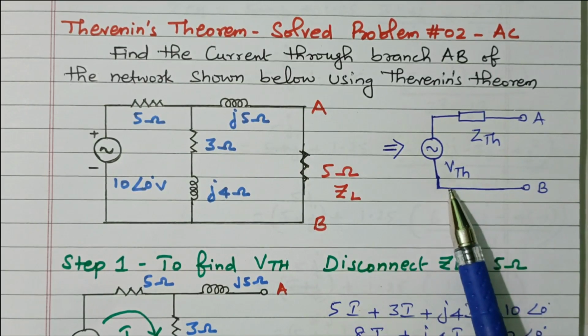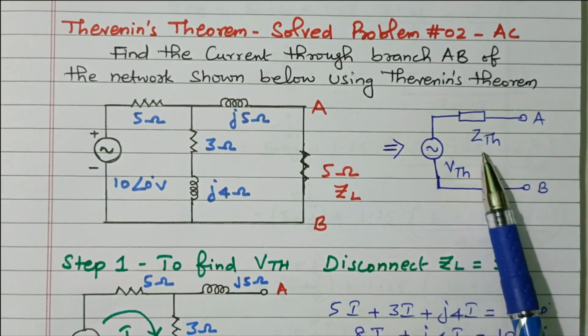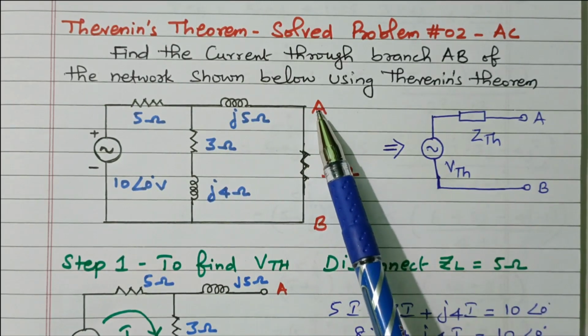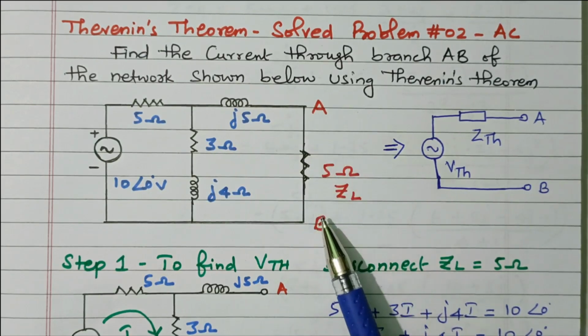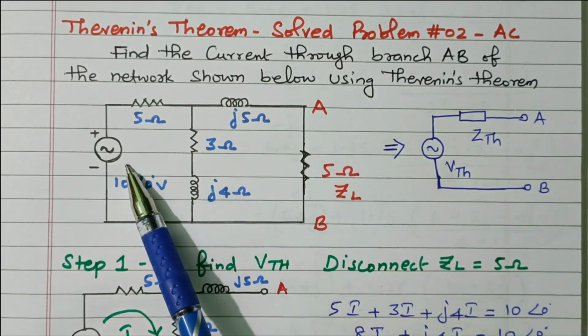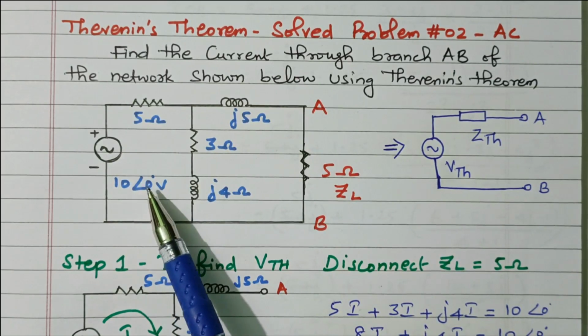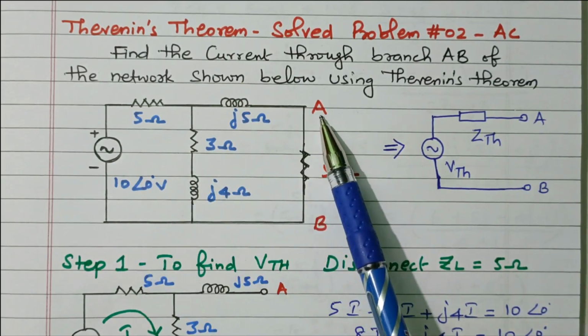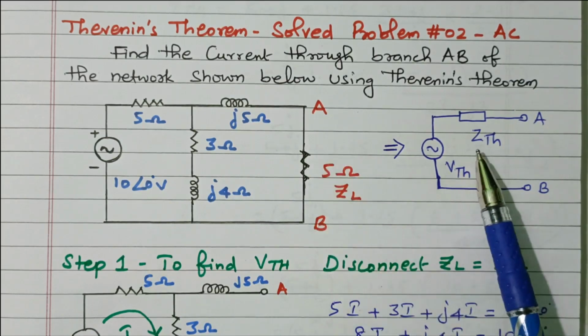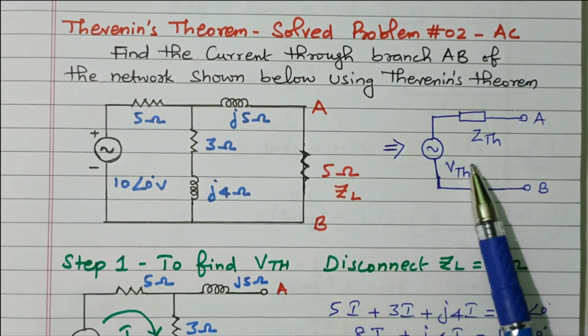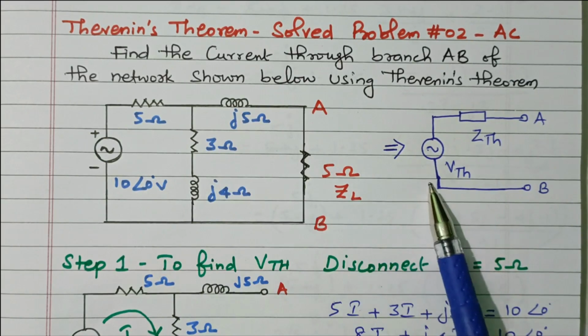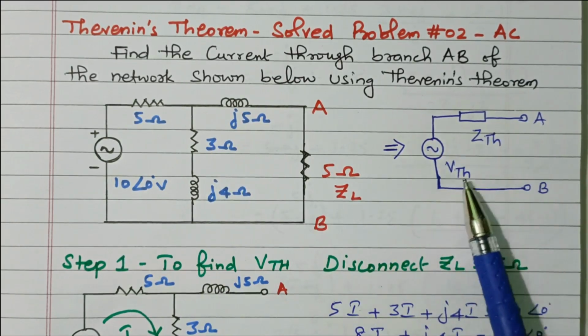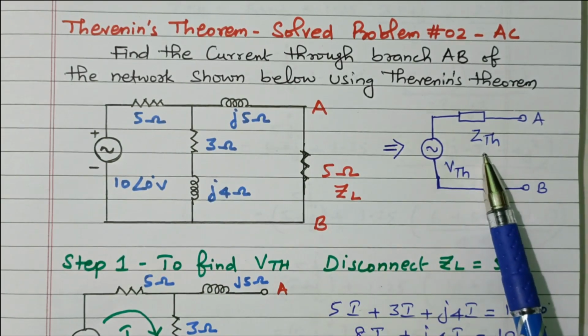And Z Thevenin is the impedance across AB by removing the sources, either current or voltage source. So this complicated circuit is simplified into one voltage source in series with an impedance.